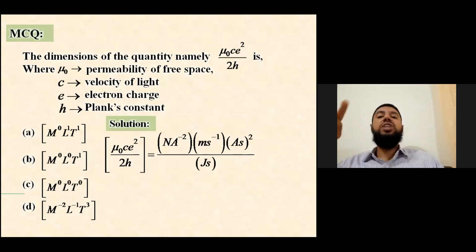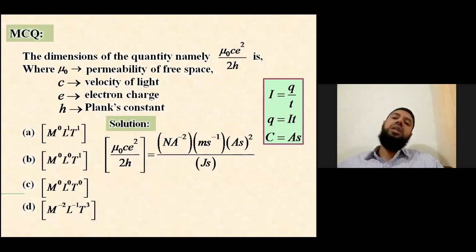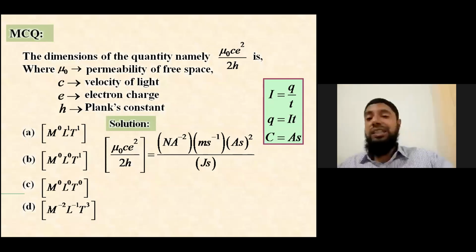For charge, coulomb, but coulomb can also be derived from the definition of current, I is equal to q by t. On rearranging, q is equal to it. Therefore coulomb is ampere second. On substituting for coulomb, ampere second, then simplify. For the Planck constant, joule second.